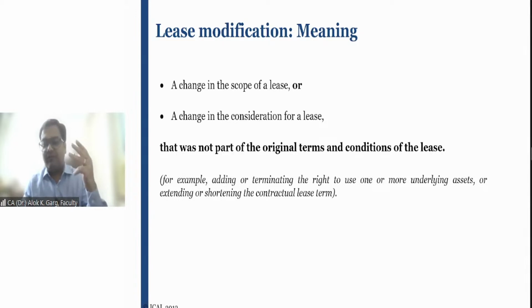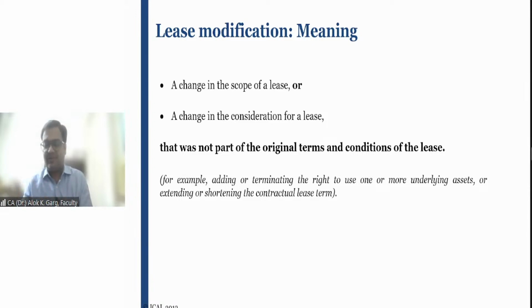So there are three kinds of modification. Number one, change in the scope of the lease, meaning an increase or decrease of the underlying asset. For example, from 2 floors the company has moved to 1 floor, or from 2 floors the company has acquired one additional floor. Second, from 20,000 rupees per month lease rentals to 25,000 or 15,000.